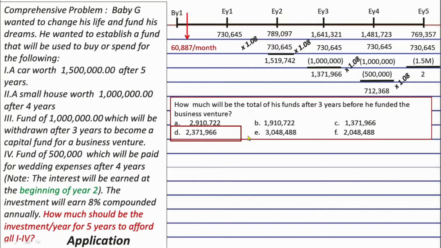And I told you before, I am discouraging you to always answer with a timeline because it's time consuming, especially if we are talking about long maturity terms. But guys, there is an exception for me. Let me be honest, okay? When I was still a student, if the time value of money problem has a maturity term of less than 10 years, I always make the timeline and I always complete it, especially if the problem has a lot of questions, like this comprehensive problem that we have now, because there are 5 questions related to this.